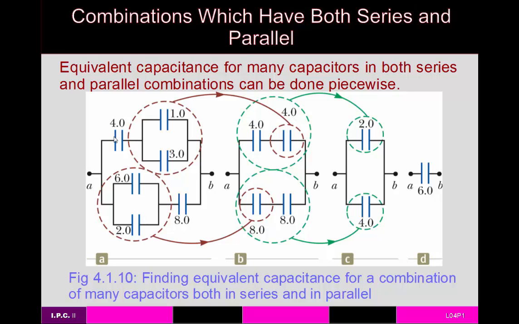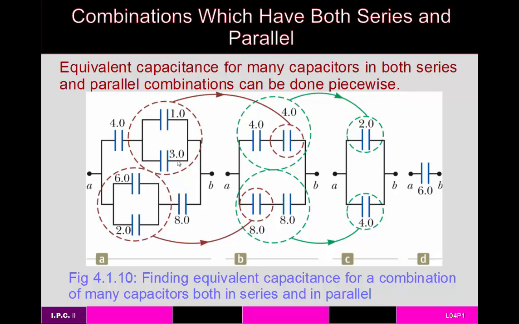Well, the 4 is in series with both the 1 and the 3. The 3 is in series with the 4, but it's in parallel with the 1. The 1 is in parallel with the 3 in series with the 4. So this pair has to be more fundamental than either the 4 and the 1 or the 4 and the 3. So we have to break this one down into something equivalent first.